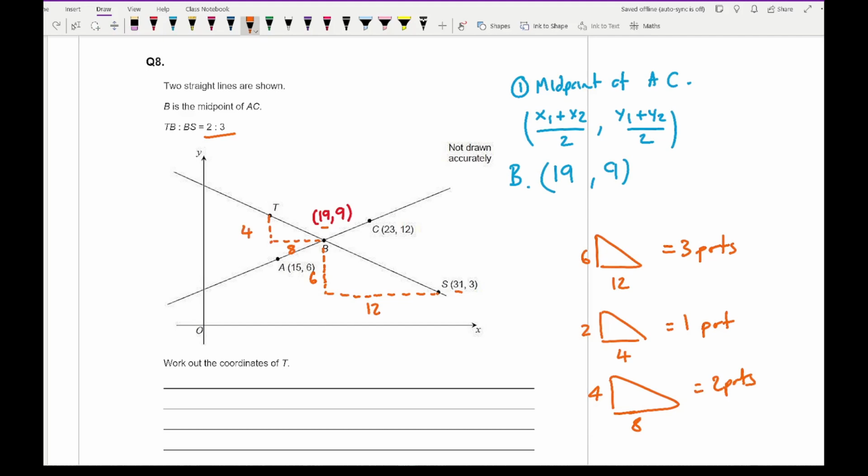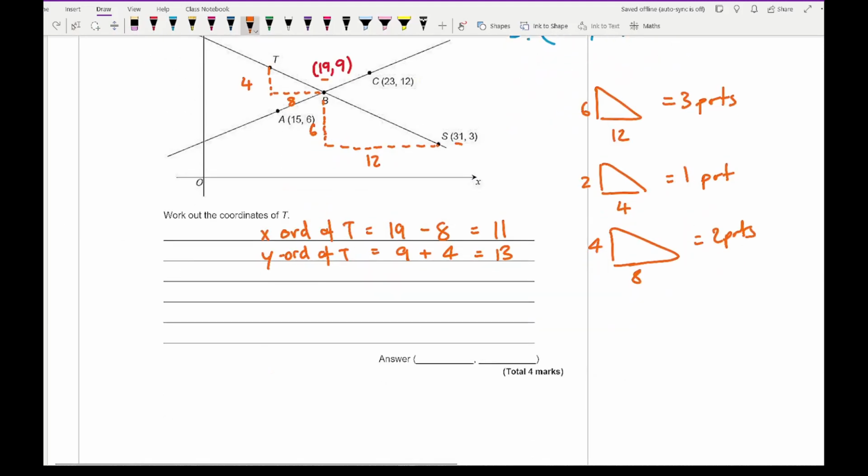So going on from 19, the x-ordinate of T is going to be 19 take away 8, which is 11, and the y-ordinate of T is going to be 9 plus 4, which is 13. So the coordinates of T then are going to be 11 and 13.